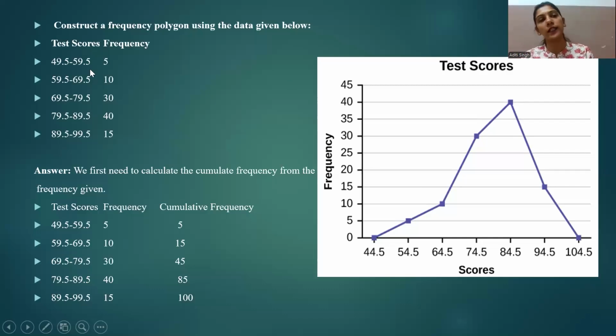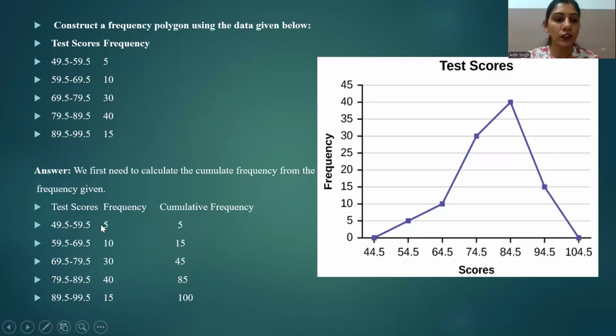Let's understand this question. There is a test score given and the frequency given in this question. For this, we have to calculate the cumulative frequency, as we have already calculated for the answer of this question.